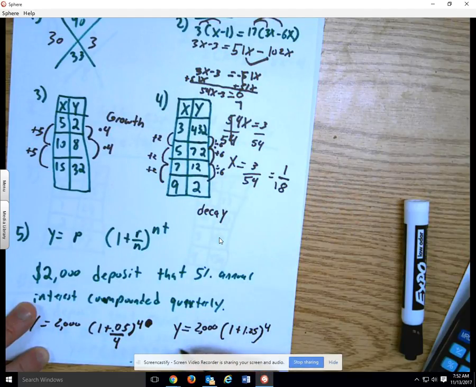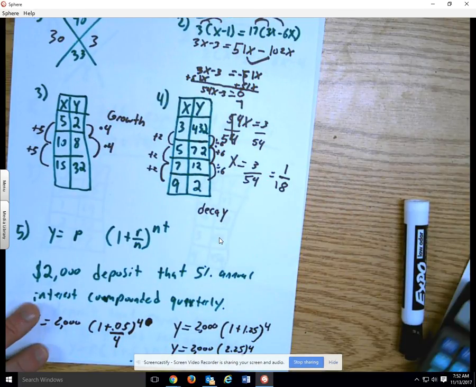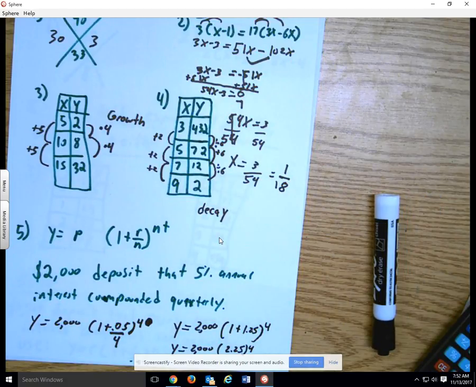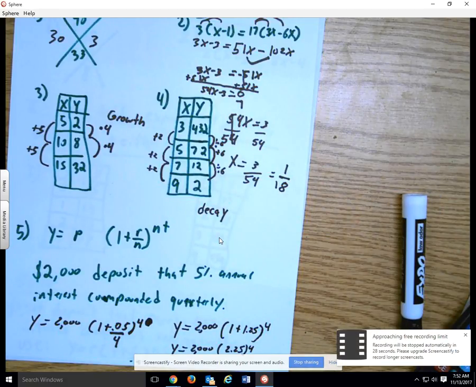Do parentheses first. Do the powers. Does anyone have a scientific calculator? They can do that. What's 2.25 to the 4th power? And once you do that, all you have to do is multiply it, and you have your answer. I see we're running out of time, so.